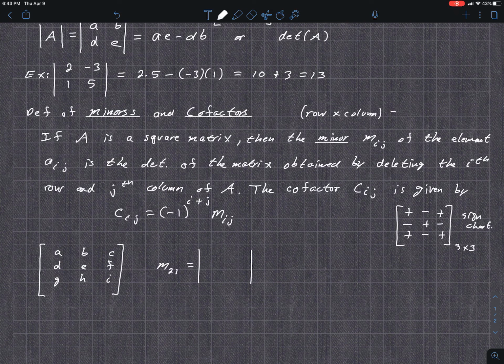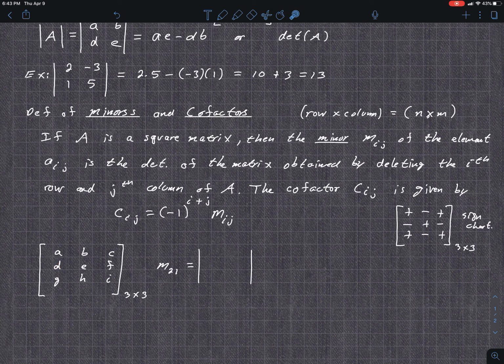And that's stuff I wanted you to review. It's always row by column. It's always n by m. So this is a 3 by 3 matrix. So the minor would be 2 by 1. So it's 1, 2.